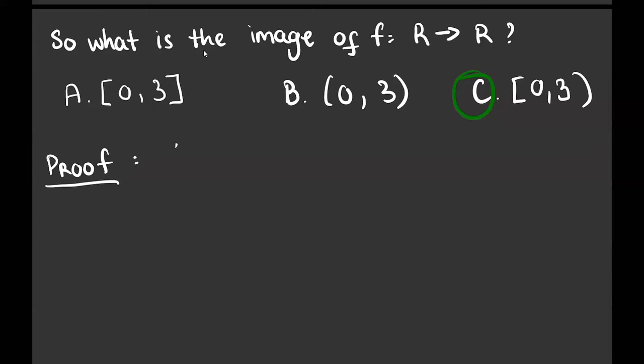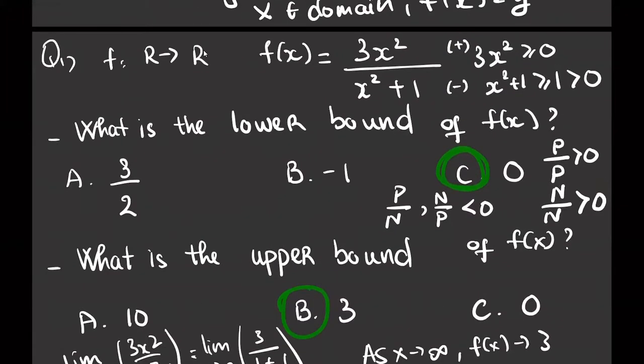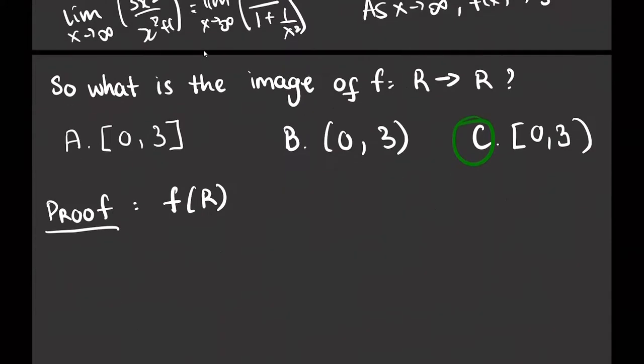So we want to prove f of R, because the domain here is R. That's why I call f of R the image of the function. I will prove it is a subset of 0 to 3.